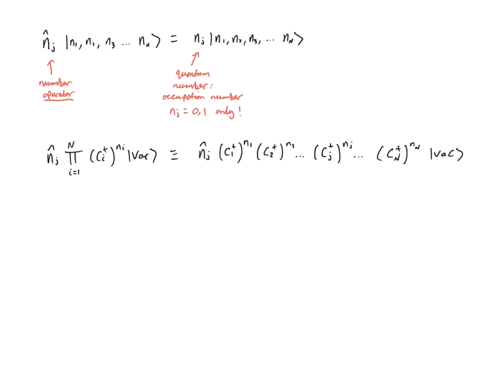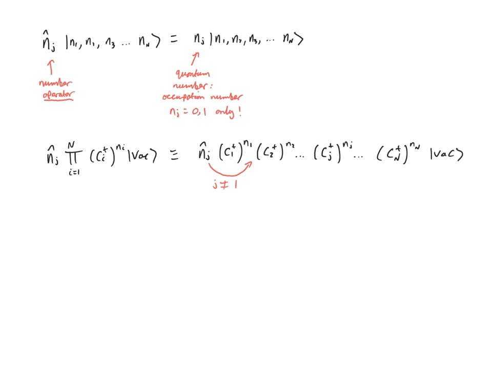Now, what I want to do is act with my number operator nj on this state and see what I get. First of all, what I'm going to do is swap the order of these two operators, which is equivalent to saying I'm going to hop, if you like, the nj operator through this C1 dagger operator. And we can do that using the commutation relation, because j in this case is not equal to 1. j is somewhere else in the string of operators.